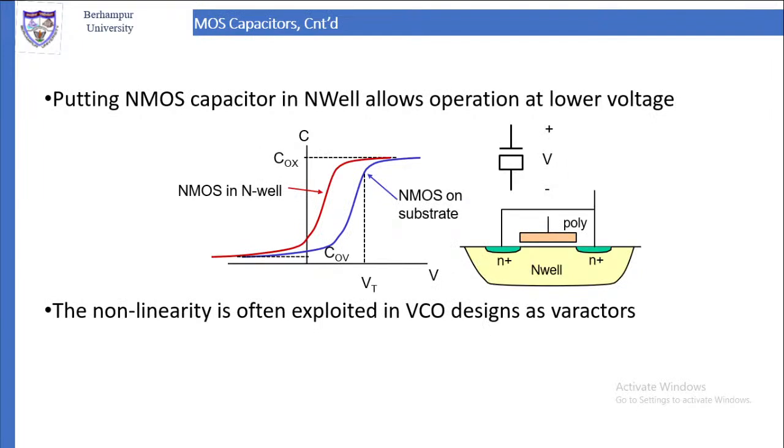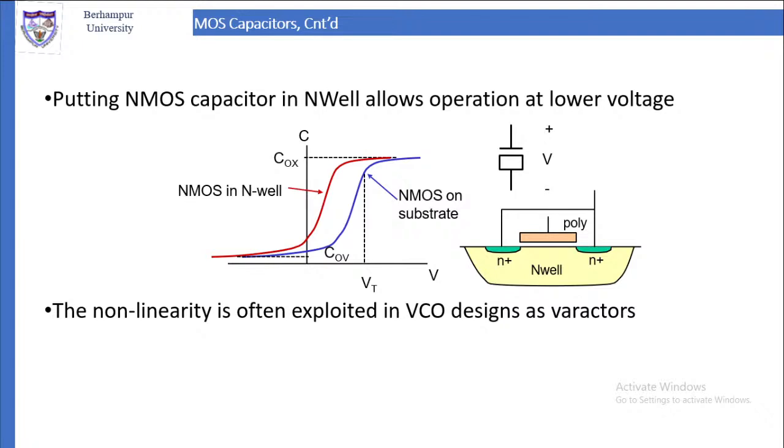Then, if you put the NMOS capacitor, as we have already discussed, NMOS is more preferable compared to PMOS because of speed. So we put the NMOS capacitor in the N well, as you can see in the figure. The right figure shows the N well, the N-type well.